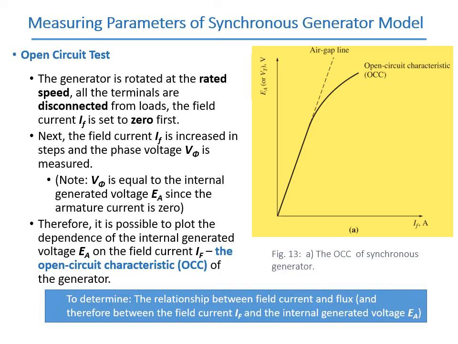This plot is called the open circuit characteristic. You get these values by increasing the value of IF and recording the values of EA that are measured. So this is the first test, and again, its function is to determine the relationship between the field current and the internal generated voltage EA.